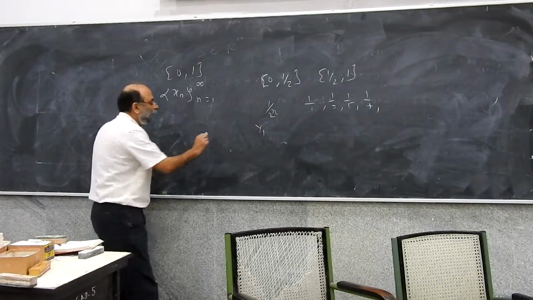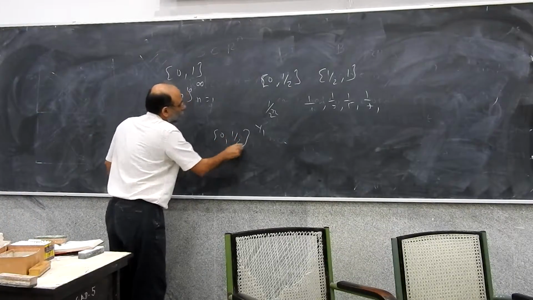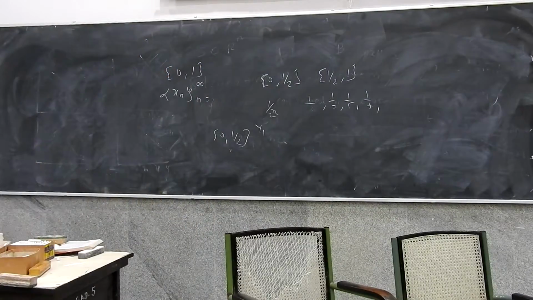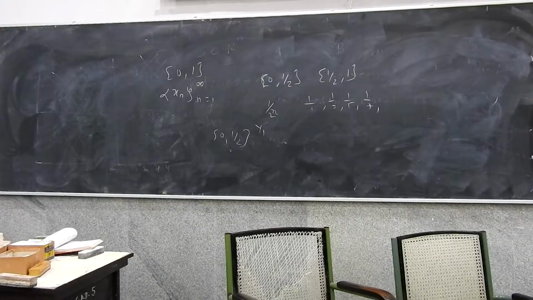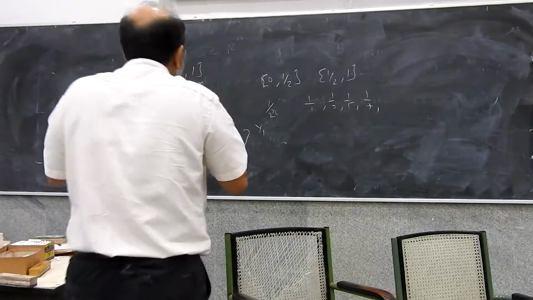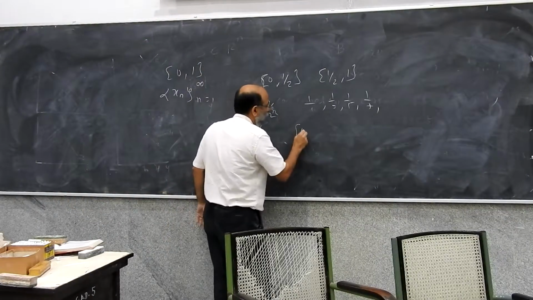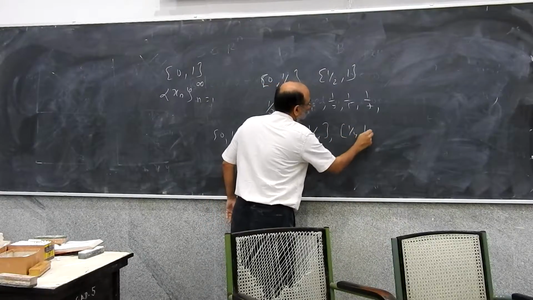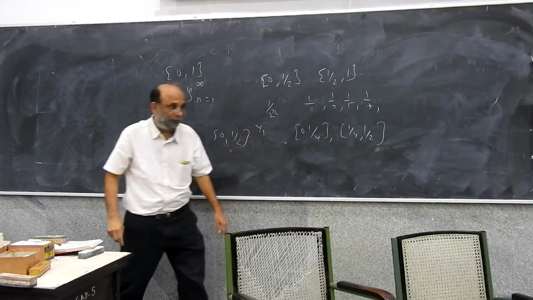So suppose, for the sake of argument, this subsequence is contained between 0 and half, and y1 belongs to it. Now think of breaking 0 and half into two subsets.